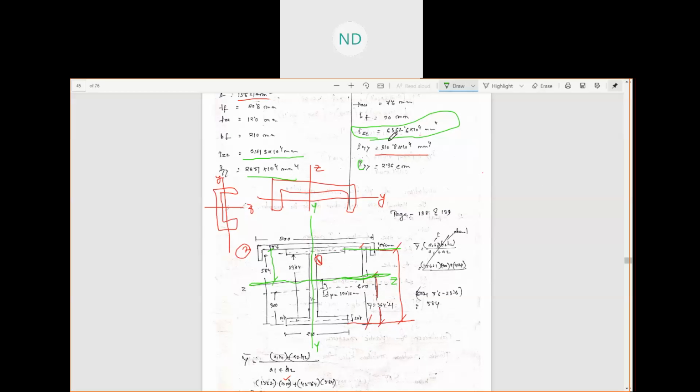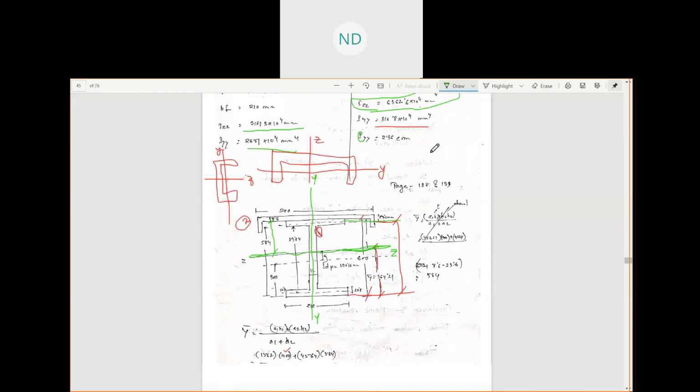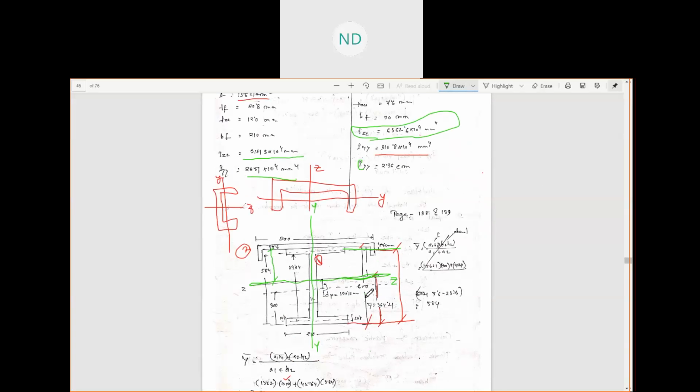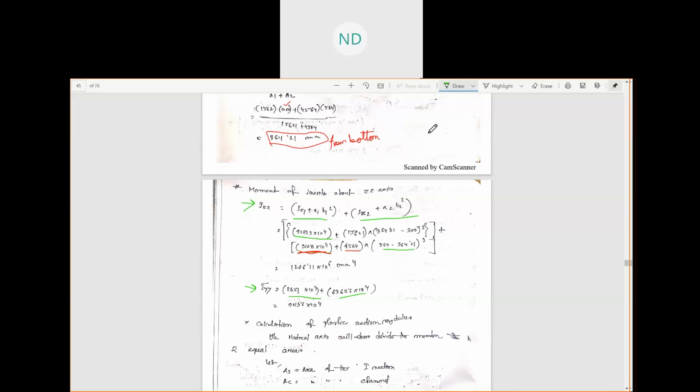So 2651 6362, see here. So we got our moment of inertia about the y-axis, right? So these are your moments of inertia about the z-axis and about the y-axis.